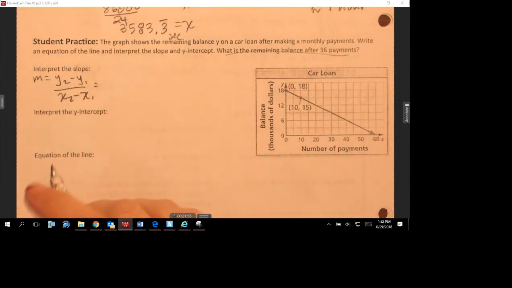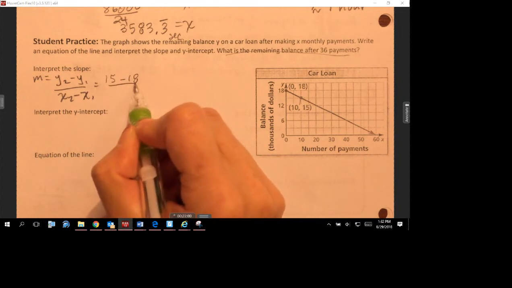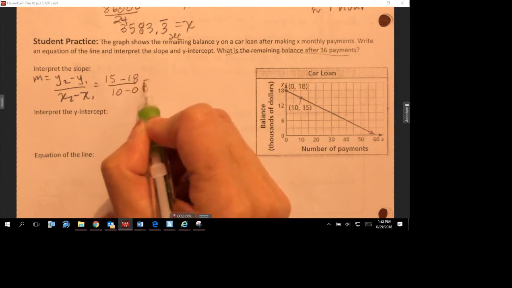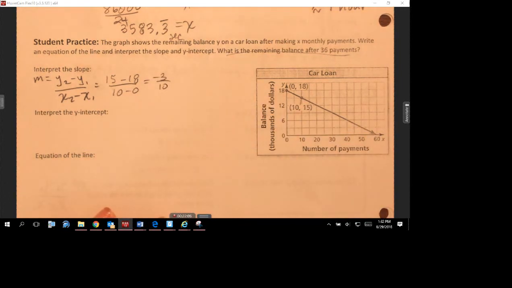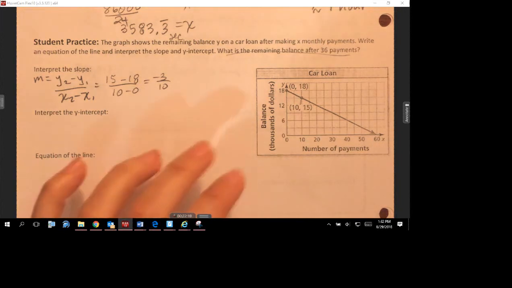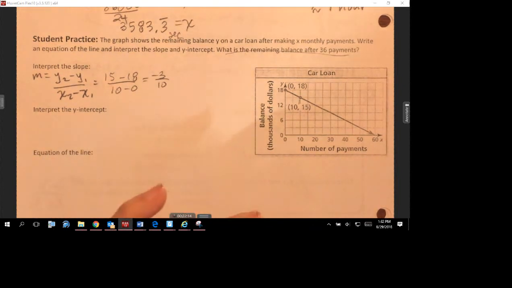So let's see, y2, 15 minus 18 over 10 minus 0, negative 3 over 10, negative 3/10. But we're going to interpret that, so we need to use words like the balance and number of payments.